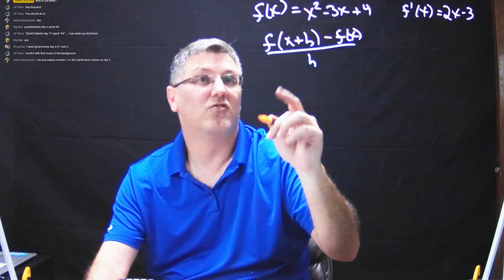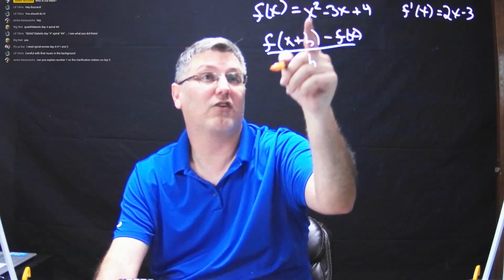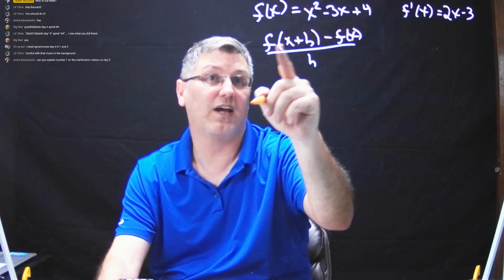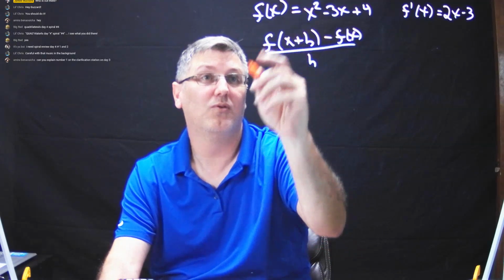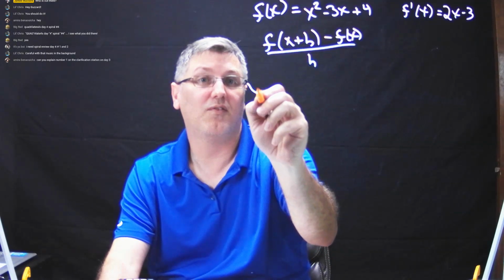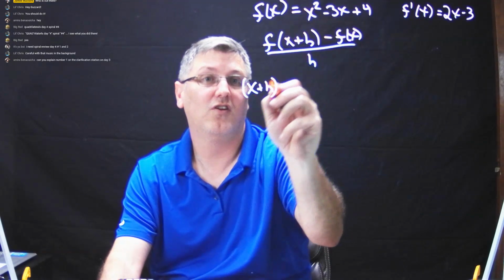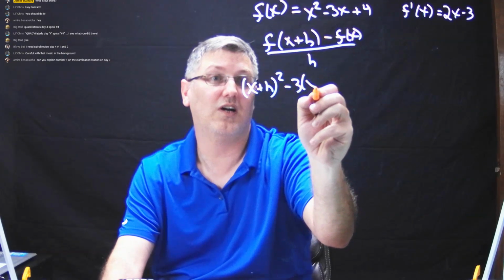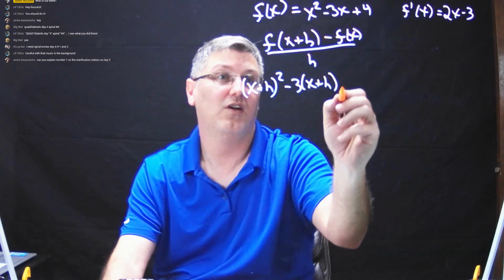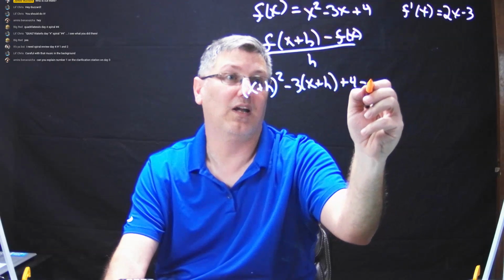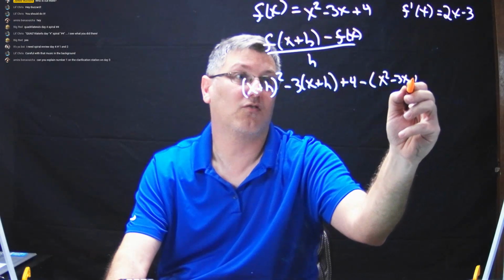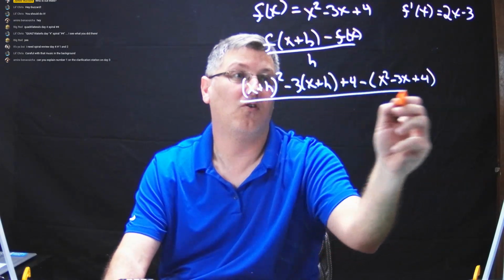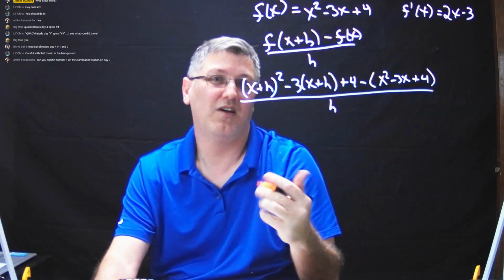All right. So what I'm going to do is plug in x plus h for everywhere there's an x for this first term, and then I'm just going to subtract the entire term here. So here we go. I'm going to have x plus h squared minus 3 times x plus h plus 4, minus x squared minus 3x plus 4, all over h. Piece of cake.